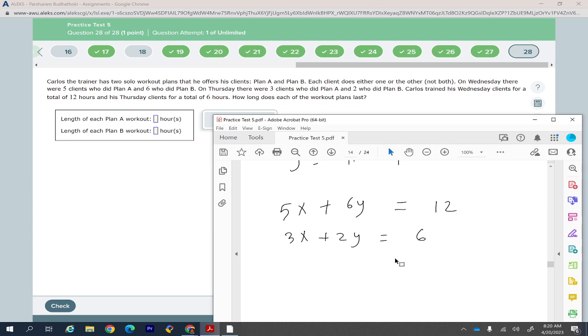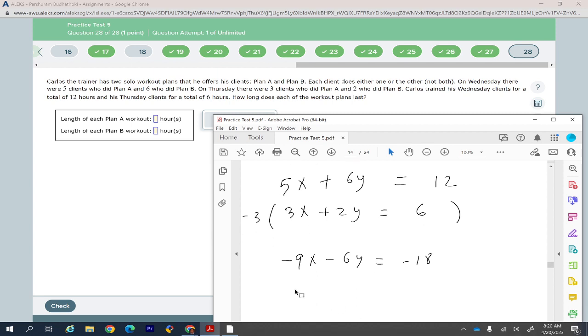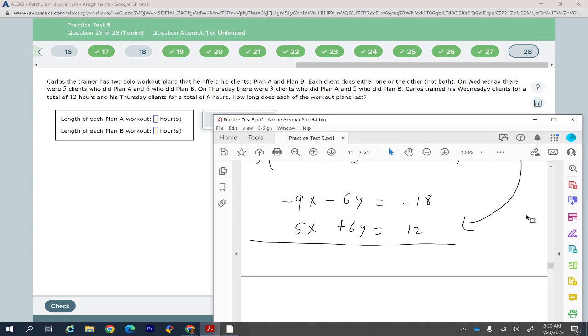Okay, how do you solve it? By using the addition method. Here you can see that there is a 6, there is a 2, so I can multiply the second equation by -3, and I can make it -9x, -6y, -18. By doing that, I create the opposite coefficient. So I'm going to copy this first equation down here, +5x, +6y, +12, and I'm going to add these two equations.